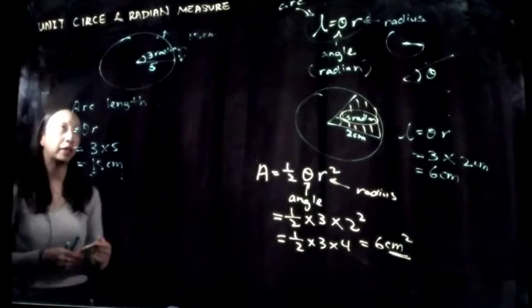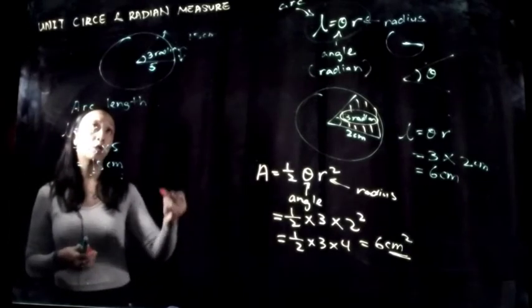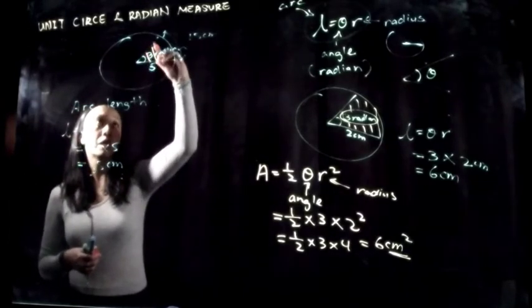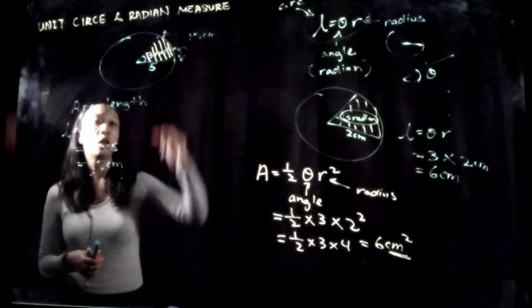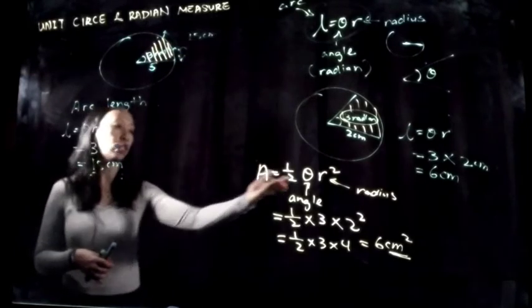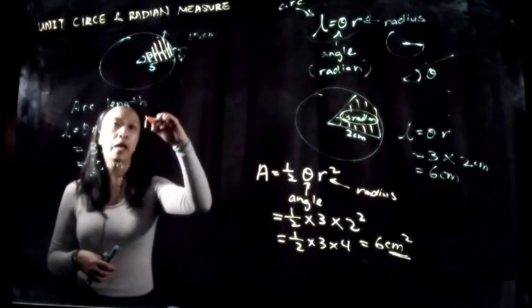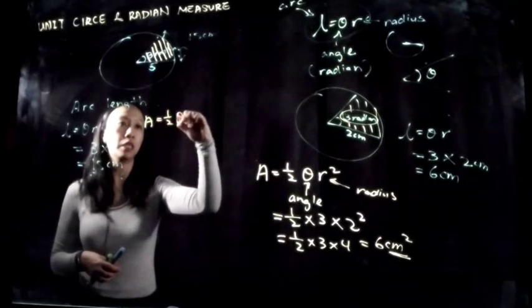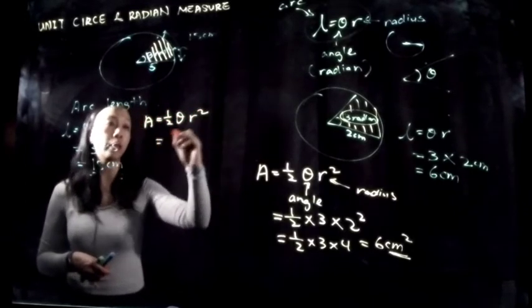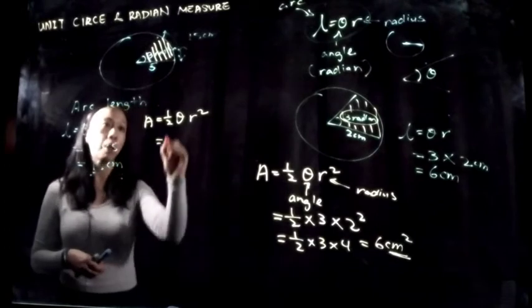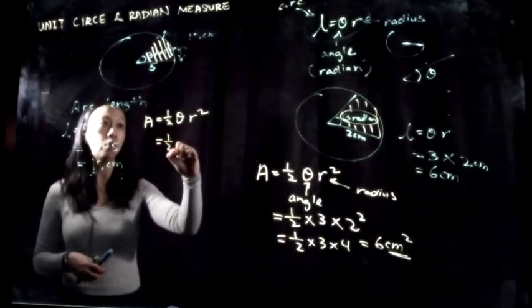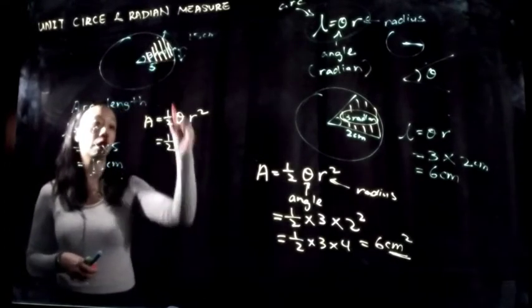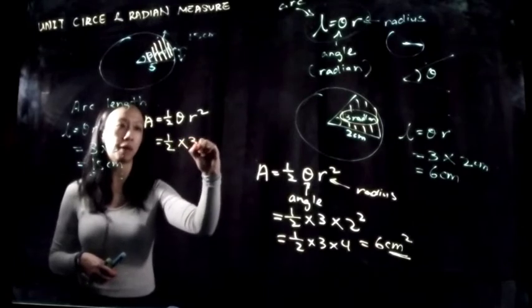If we want to find the area of the sector, the area of the sector is this piece here. So according to the equation, area equals half theta r squared. We just fill in whatever we need for the gap. So half, we just copy it down. Theta in this case is 3 radians, so we times it by 3.